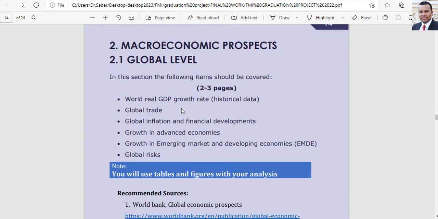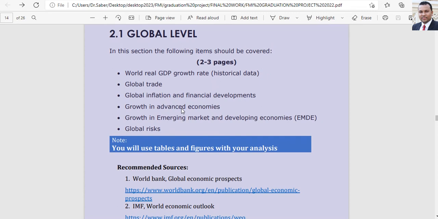So in this section, you need to analyze the following points, like world real GDP growth rate. We talk about historical data, so you need to analyze or discover the trend for real GDP growth rate this year and the last years, and what about the forecasting for the next years.